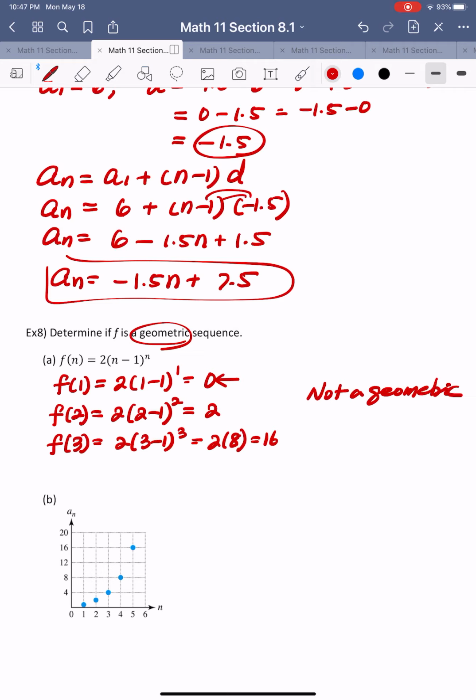Now the second one, actually this is a curve, right? Which means there's a good candidate to be a geometric sequence, okay?